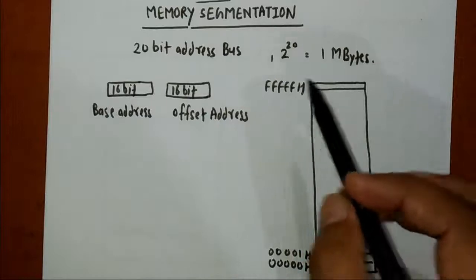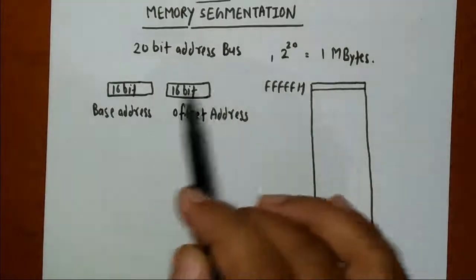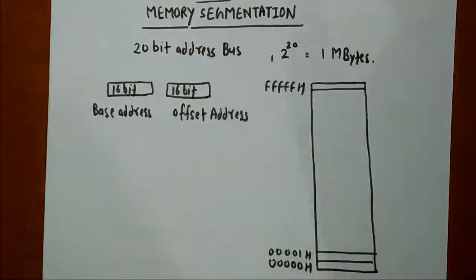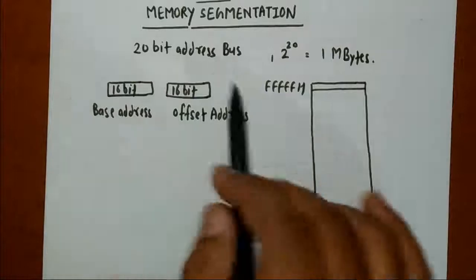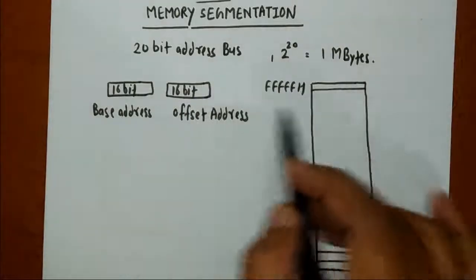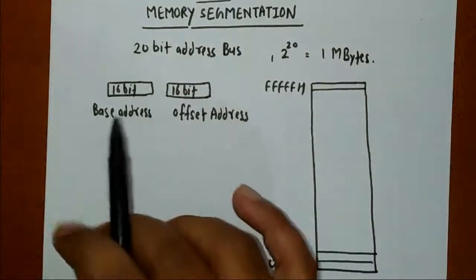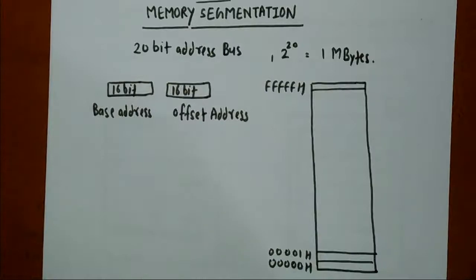Generally in all memory chips, the available capacity is a multiple of 8 bits, that means 1 byte. So by using this system we can easily represent a 20-bit memory location using available 16-bit registers.